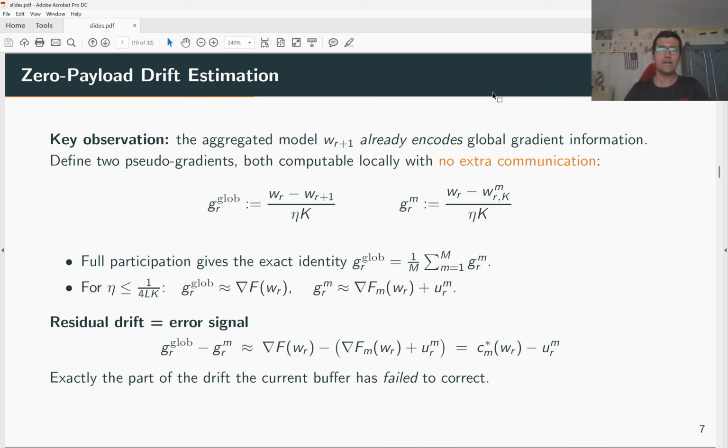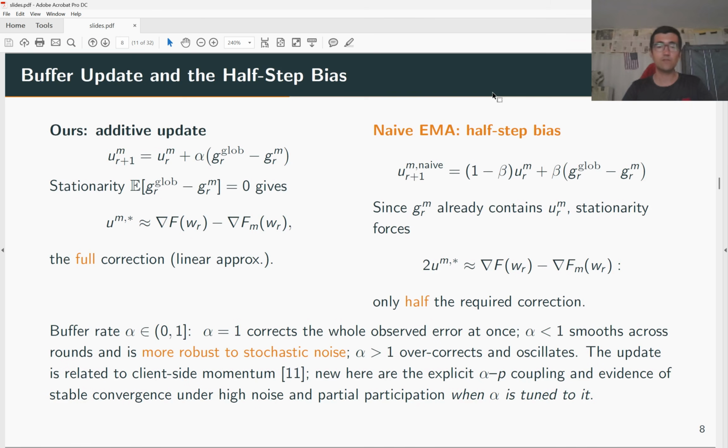Subtract the 2, and look what you get. The difference is the ideal correction minus the current buffer. In other words, it's precisely the part of the drift the buffer has failed to correct so far. That is exactly the error signal we need.